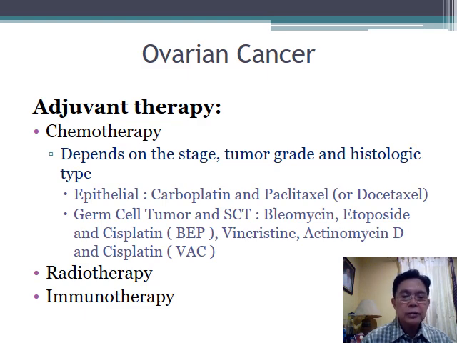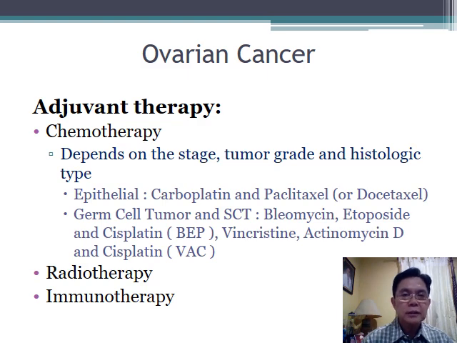With the advent of intensity modulated radiotherapy, or IMRT, where the radiation is specific to the site of the tumor and you spare the normal tissues from radiation, it might be helpful for early stage disease.